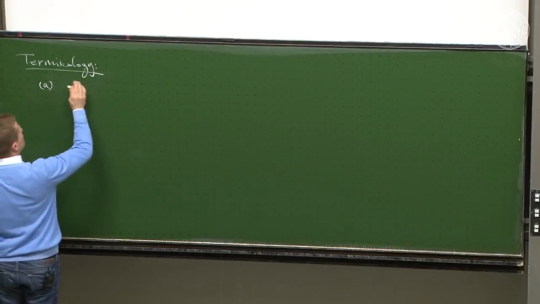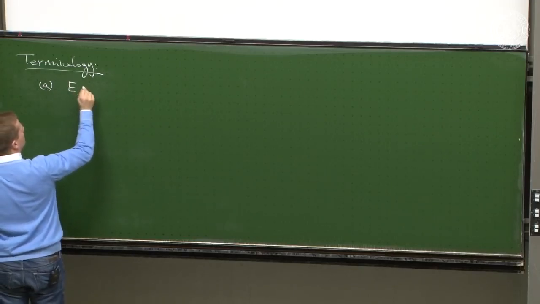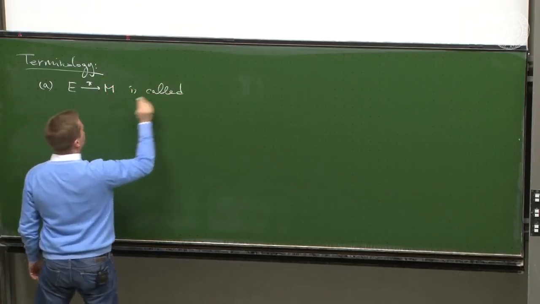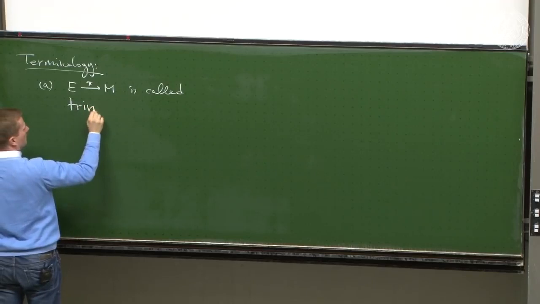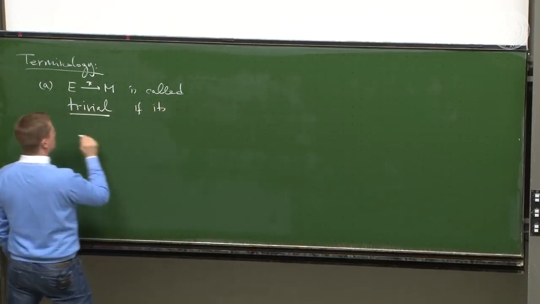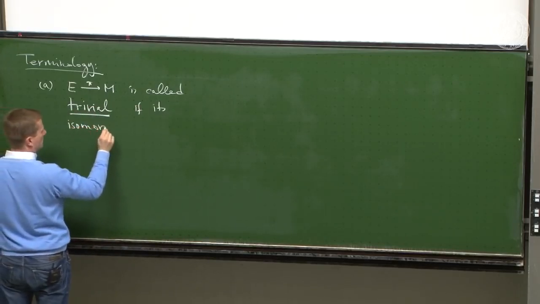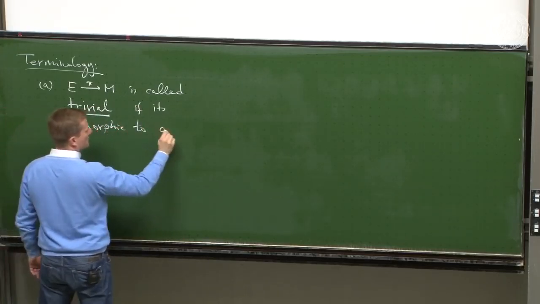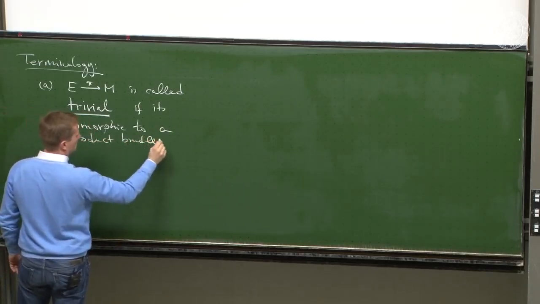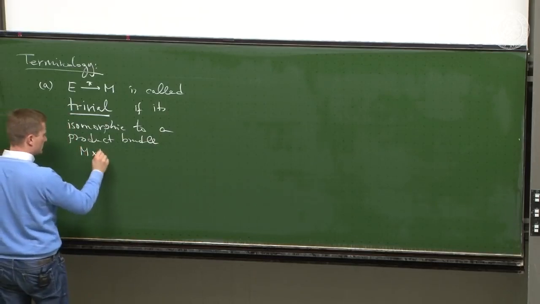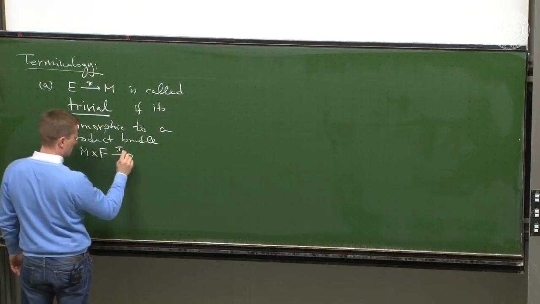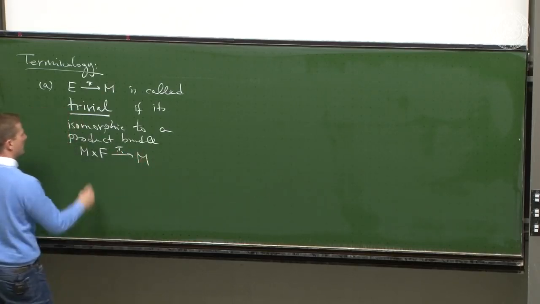So we have the case that a bundle E, pi, M is called trivial if it is isomorphic to a product bundle, which then necessarily is of this form, some pi that projects to the first factor M.